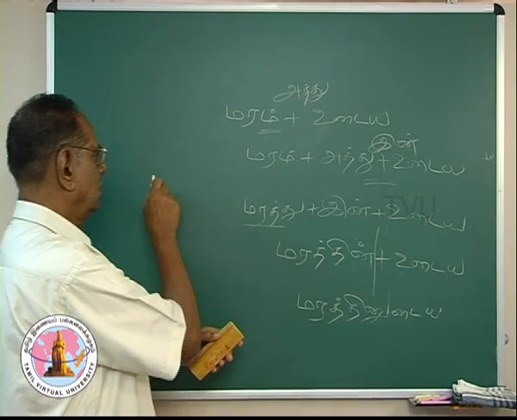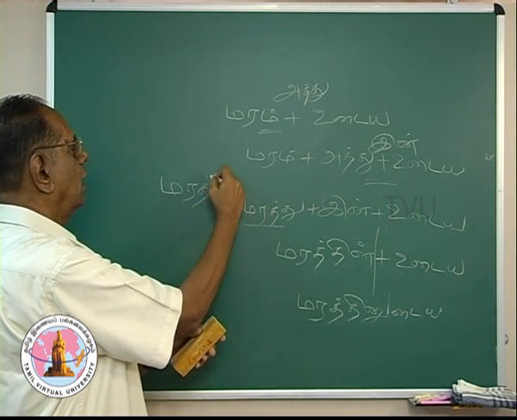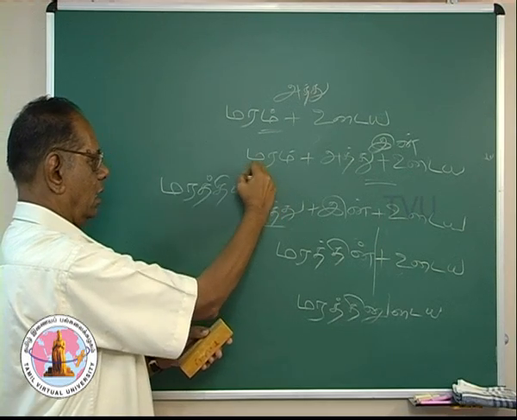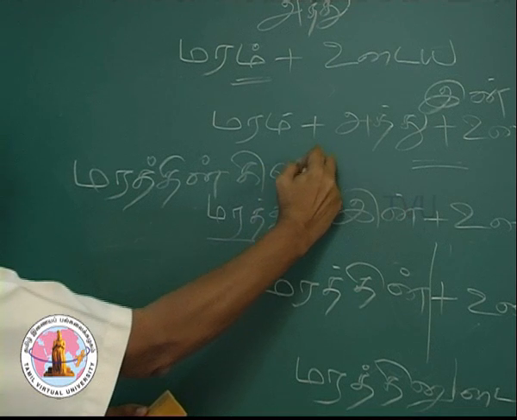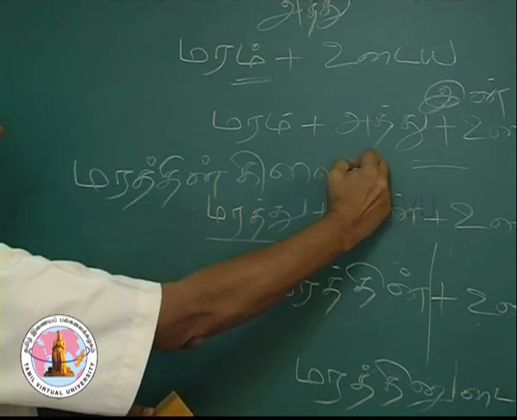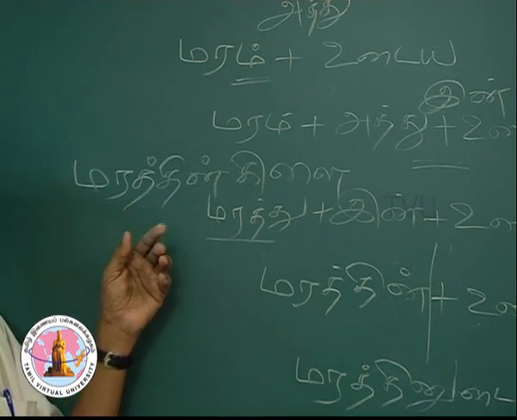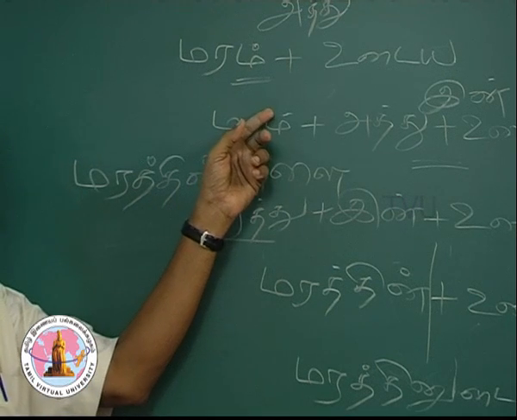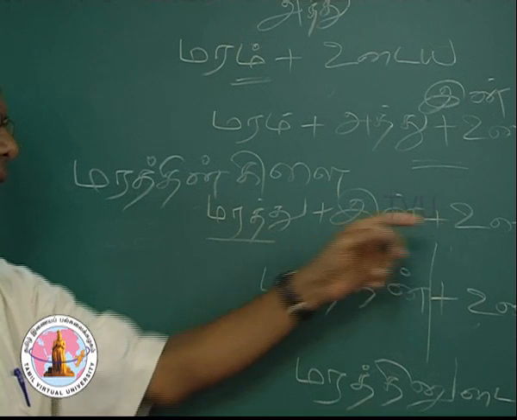That is, marathin kilai, branch of a tree. Maram becomes marat and then takes up udaya.